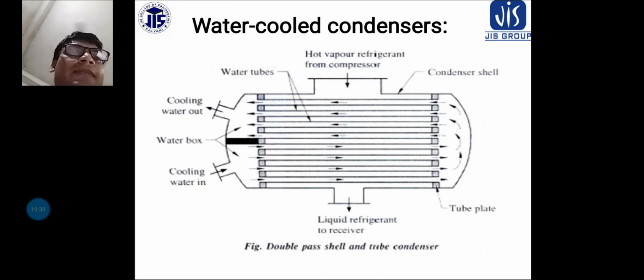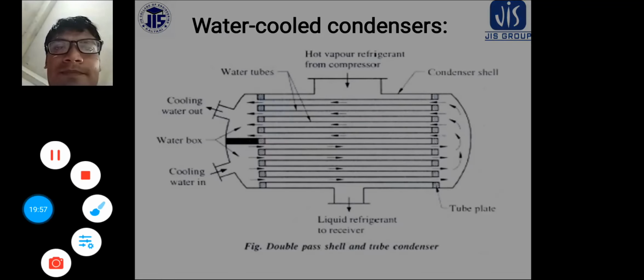So before the expansion valve there is a receiver where it is received, and after that, according to our need, we can use this liquid refrigerant from the receiver. So this is how the water cooled double pass shell and tube condenser is operated. I hope it is clear.